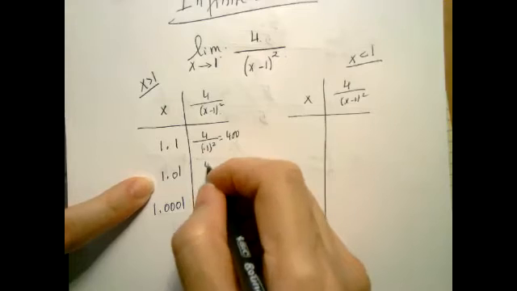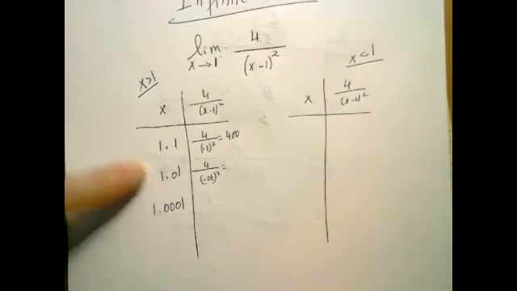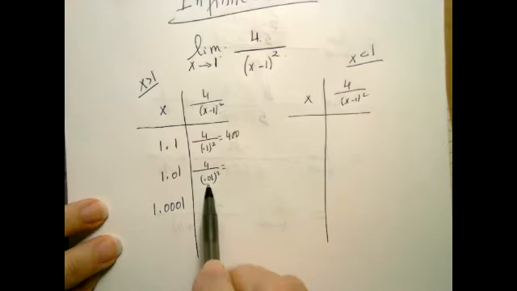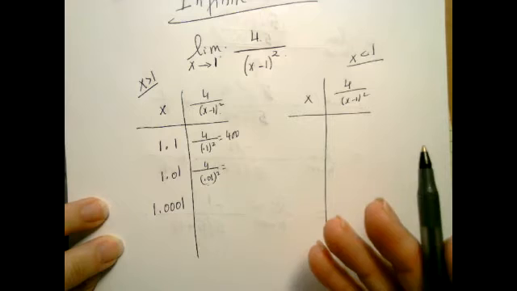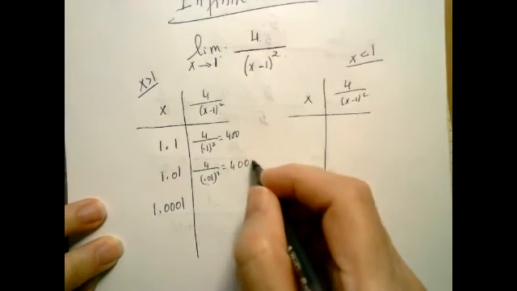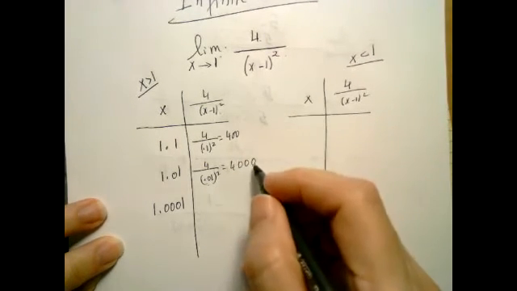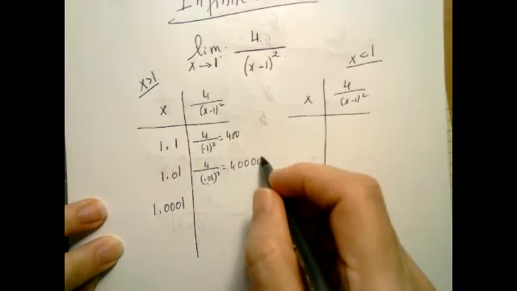Now here, I will get 0.01 squared. So I'm dividing 4 now by a very tiny number. 0.01 is a tiny number, and 0.01 squared is even smaller. So if I really do the math, and if I'm not goofing, we should get something like 40,000. This is 10 to the minus 2 squared, so something like that.